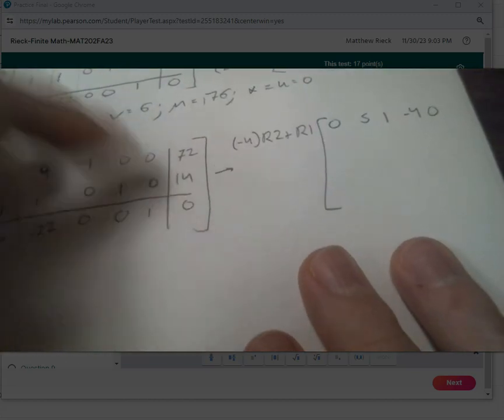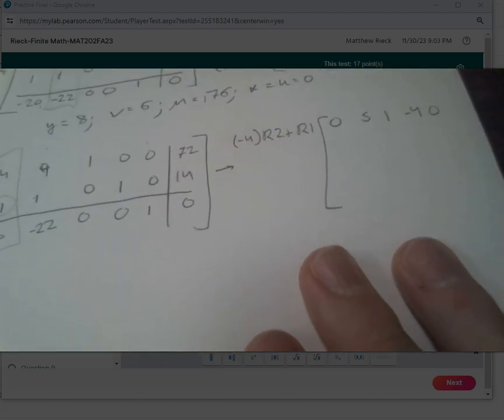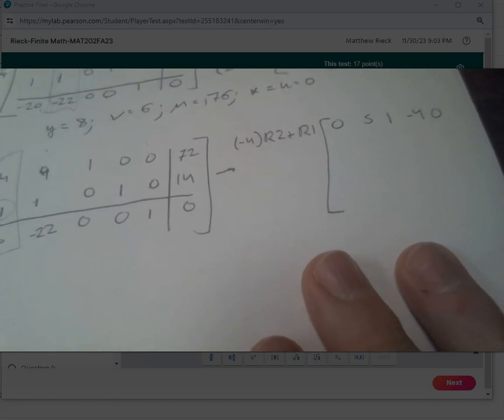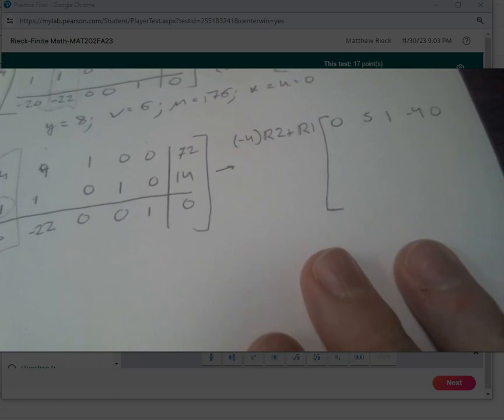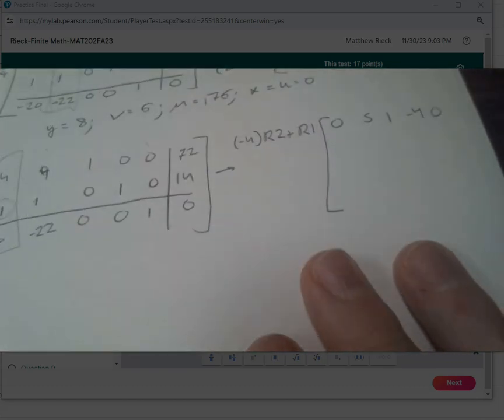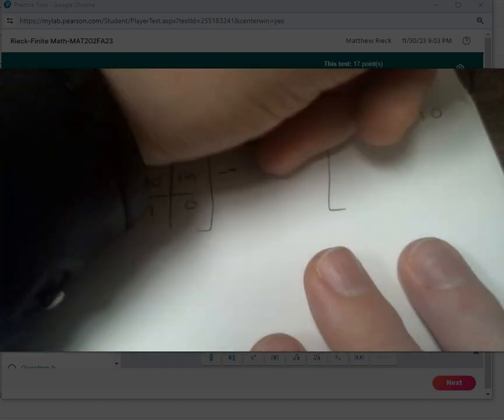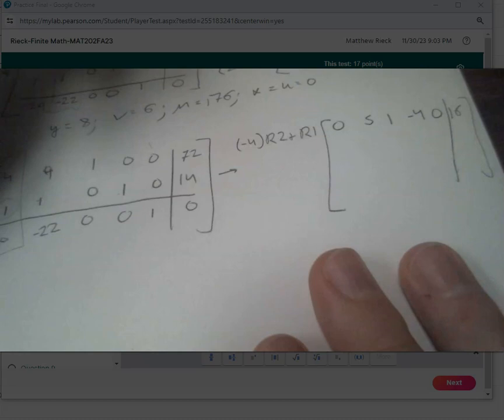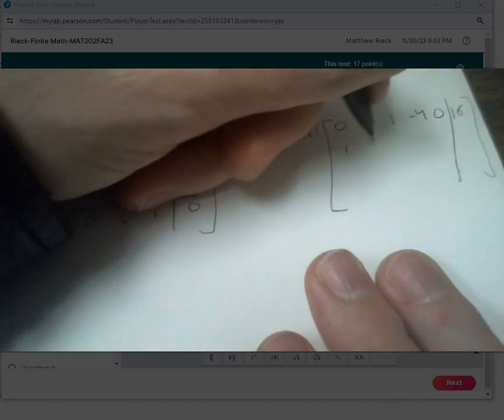And then we have -4 times 14, which is -56, plus 72, so we get 16. Second row is just going to stay as it is.